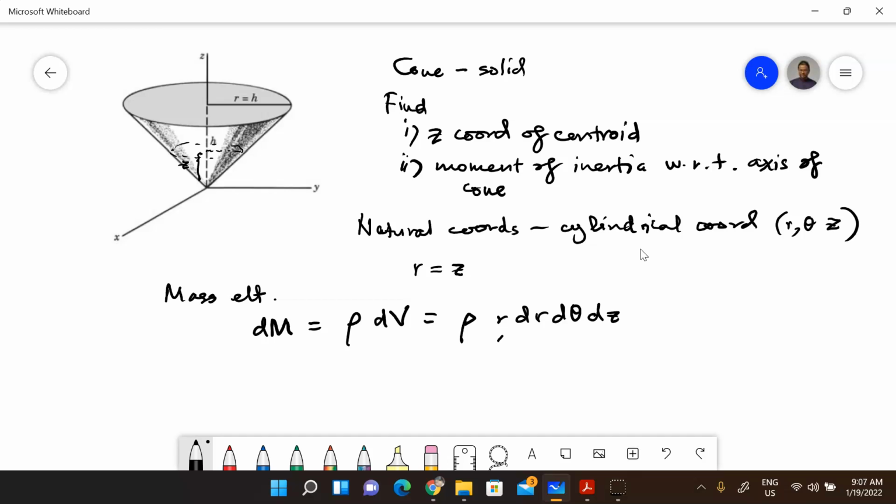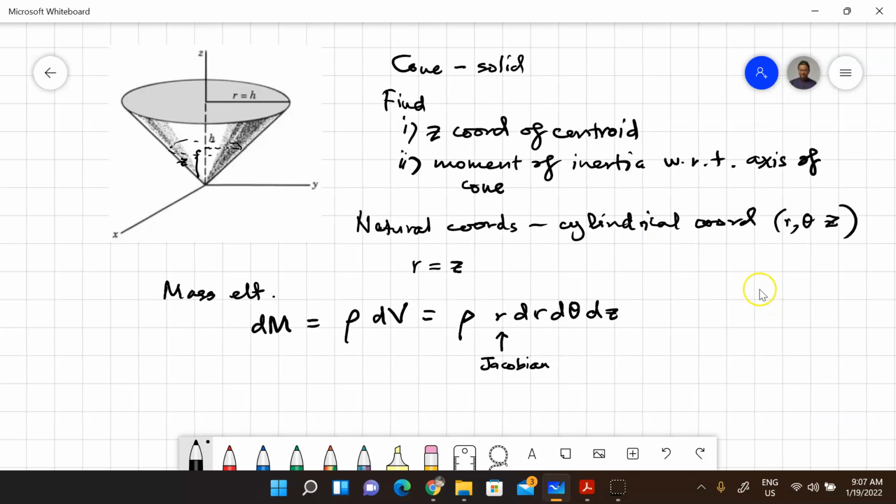So your r here is essentially coming from your Jacobian. Going from Cartesian coordinates to cylindrical coordinates, you have a Jacobian which is not equal to 1, so you have to include that.